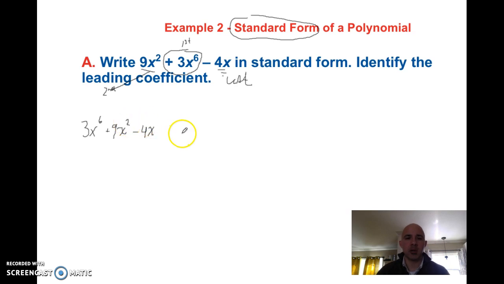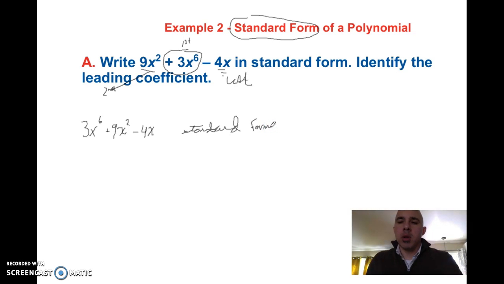Now this is written in standard form. And we want to go ahead and identify the leading coefficient.